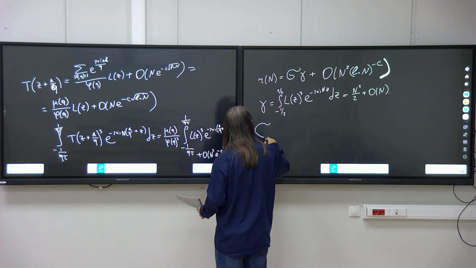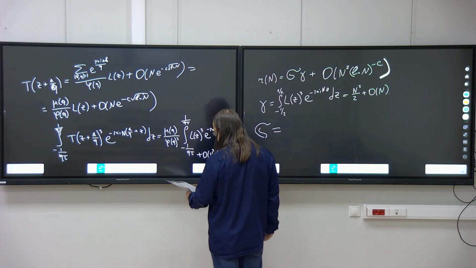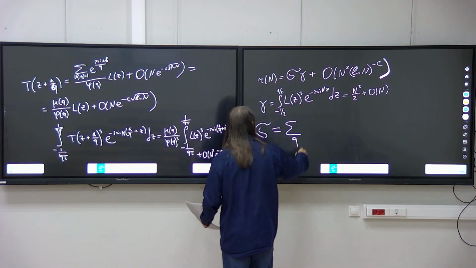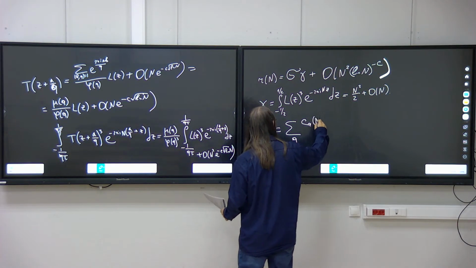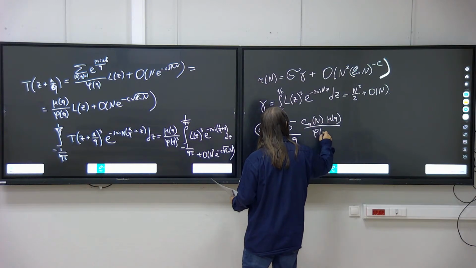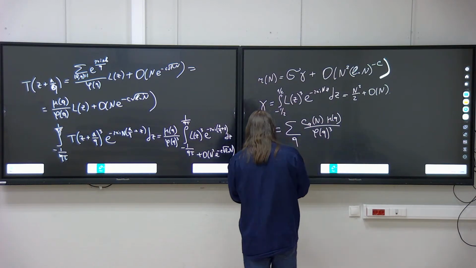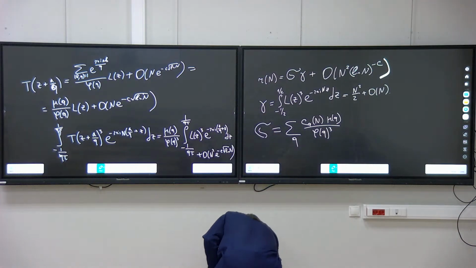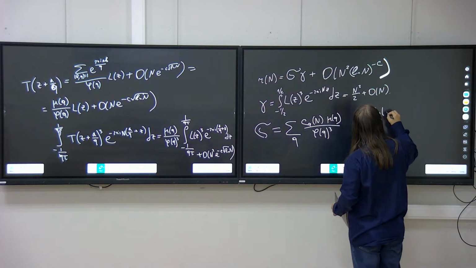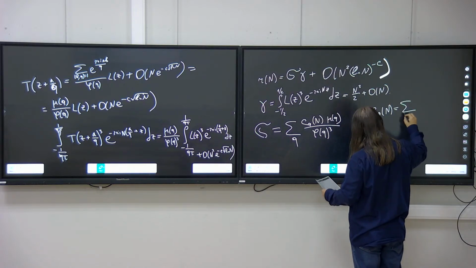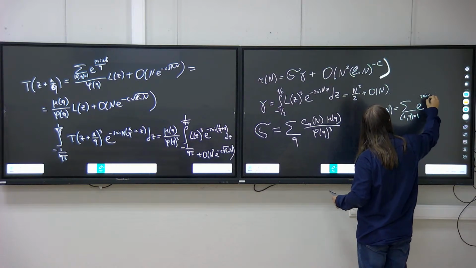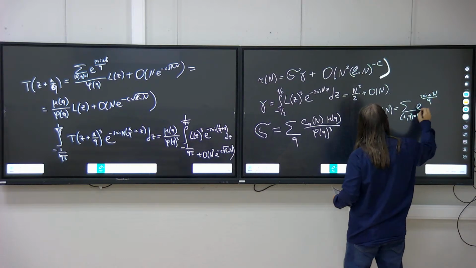And the singular series, sigma, is equal to the sum over all q of c_q of n, mu of q over phi of q cubed. And c_q here is still the Ramanujan sum, which is c_q of n equal to the sum over all a coprime to q of e to the power 2 pi i a n over q.